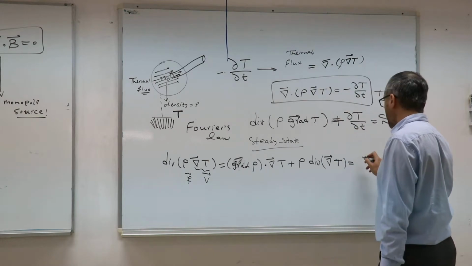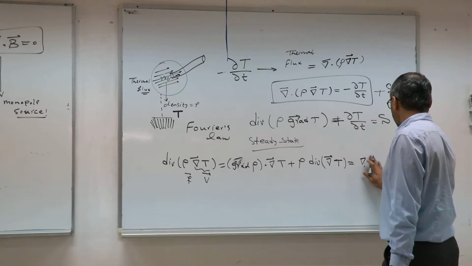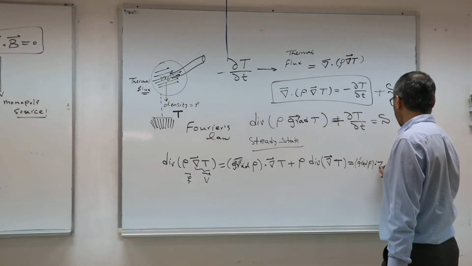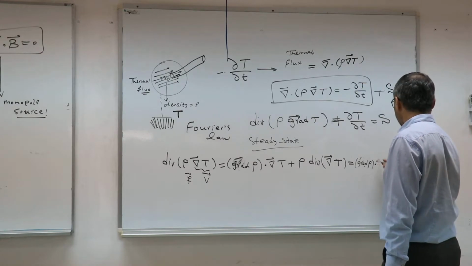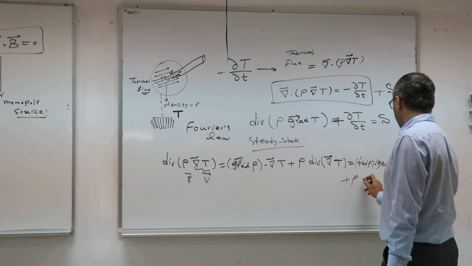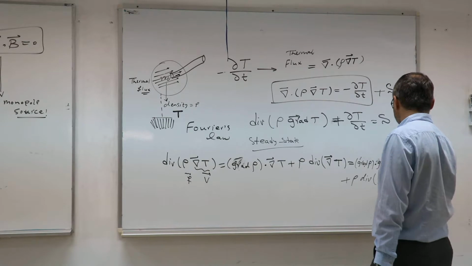So you will have gradient rho dot gradient T, plus rho divergence gradient T.